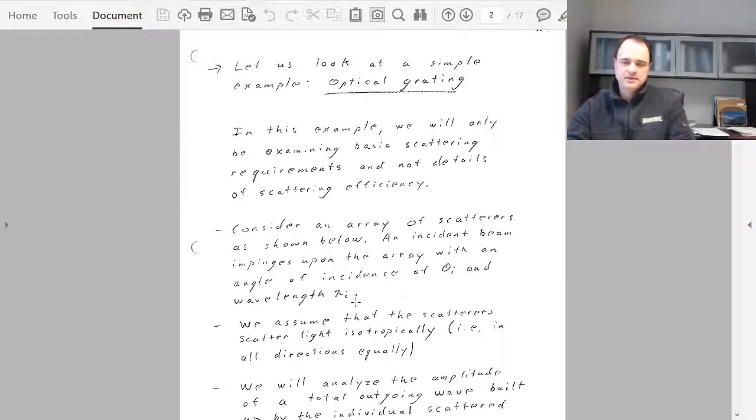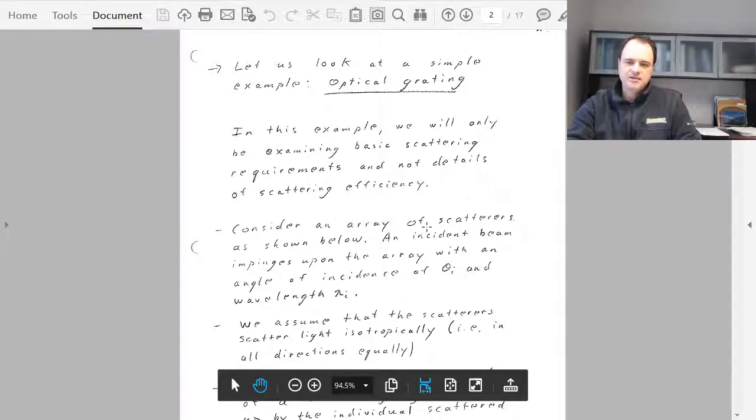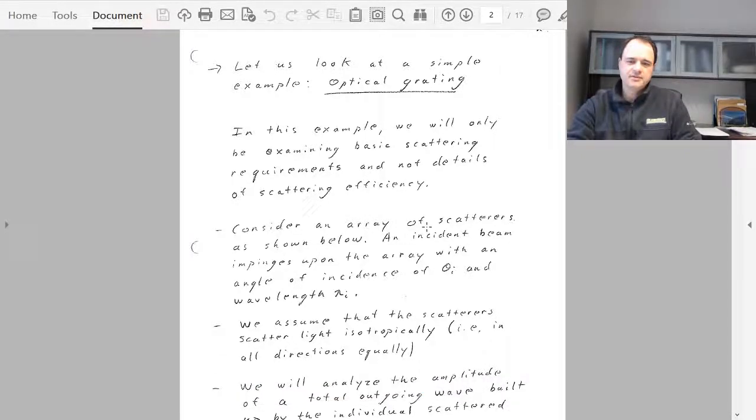So let's look at a simple example, the optical grating. This is the simplest example of periodicity, but it allows us to build up our library of terms and physical concepts associated with this topic. In this example, we will be examining basic scattering requirements, but we will not be looking at the details of the scattering efficiency. We're looking at a higher level for phenomena that occur entirely due to the periodicity.